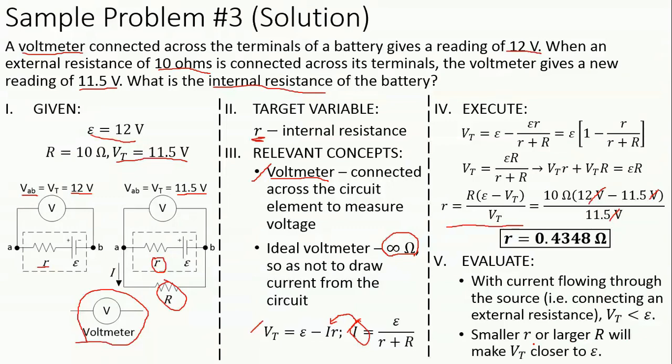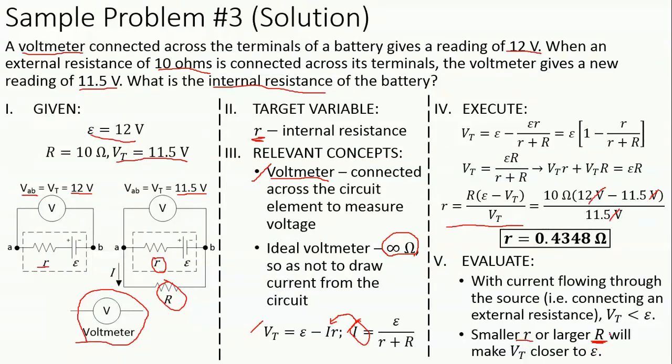So we can connect different cells in parallel to reduce the internal resistance, or we can simply use a different type of battery, or we can increase capital R, the external resistance, such that the terminal voltage will be closer to the EMF.